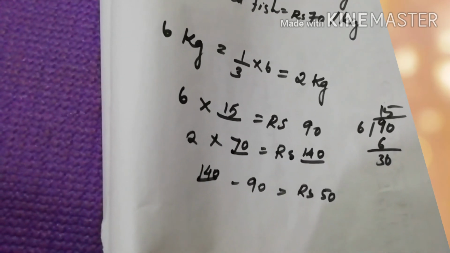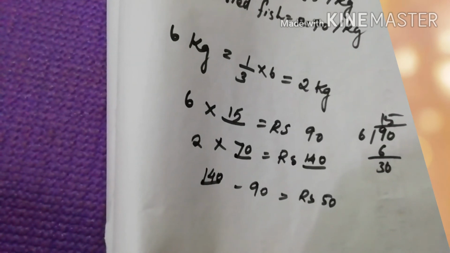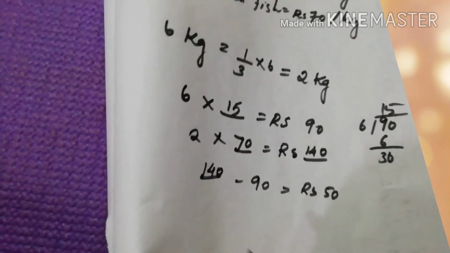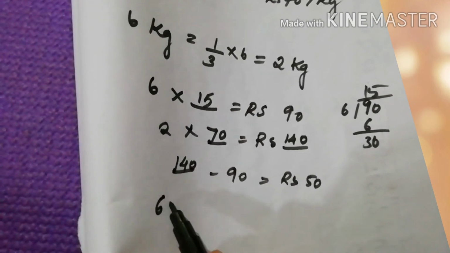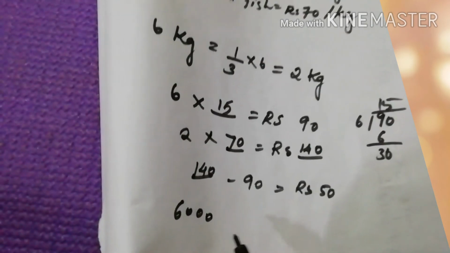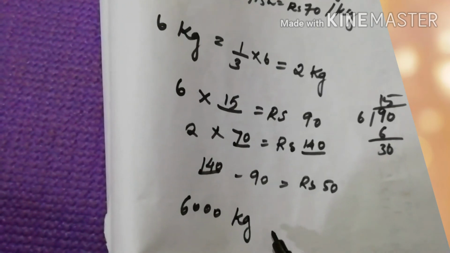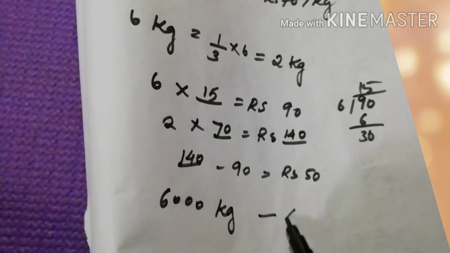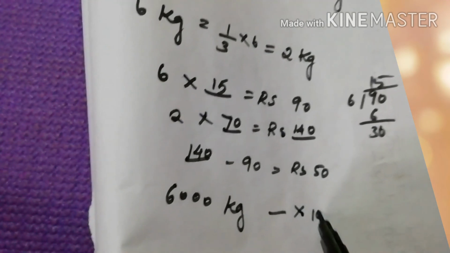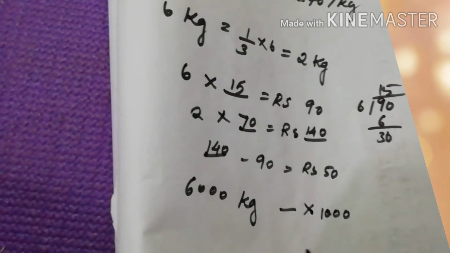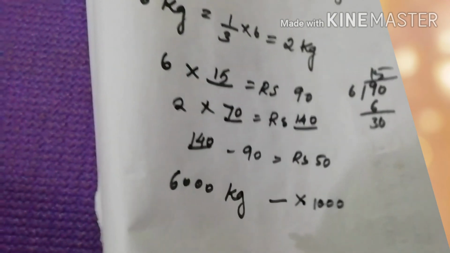Okay, next question. If we dry 6,000 kilogram, we can earn dash into 1000 in 1 month.